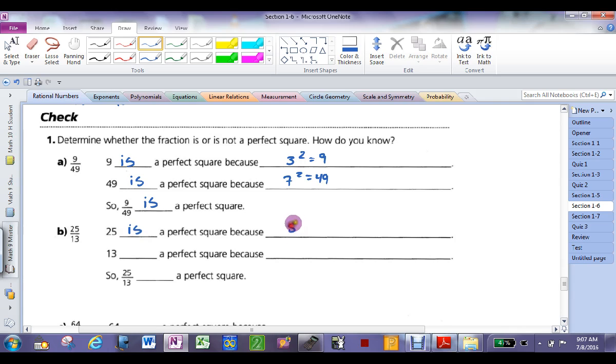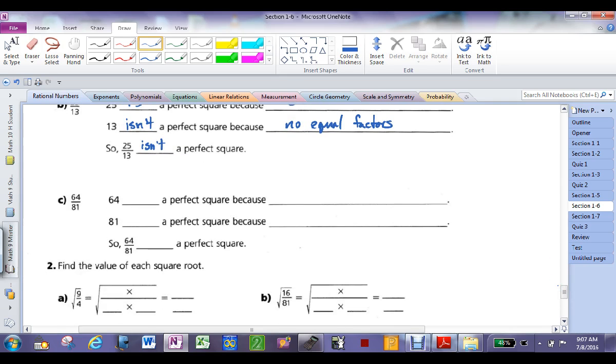Is, because 5 squared is 25. 13? No, isn't. Why? Because there's no equal factors. So 25 over 13 isn't a perfect square. Is everybody cool with that? Questions like this on our quiz? Not on your quiz. Well, kind of like this, but a little different.